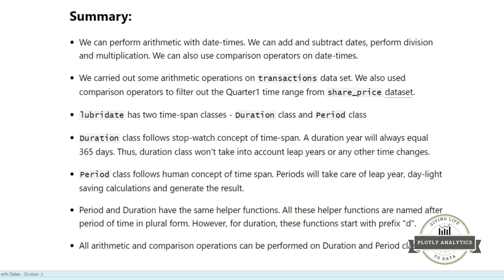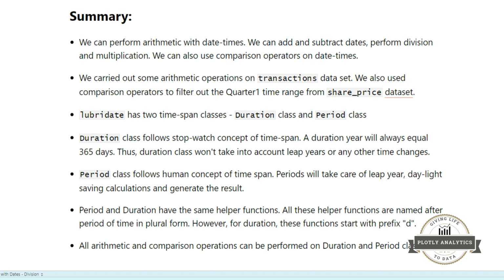Lubridate package has 2 general time span classes, the duration class and the period class. Duration class follows the stopwatch concept of time span. Duration year, for example, will always equal 365 days. This duration class won't take into account leap years or any other time changes.